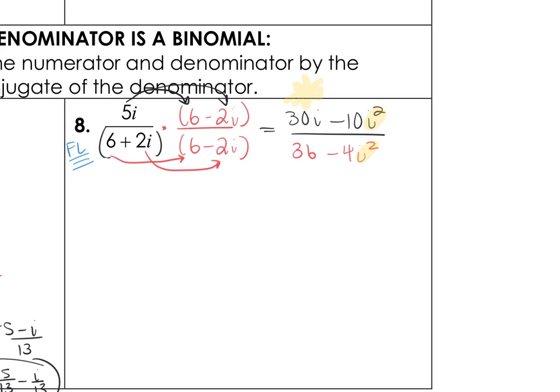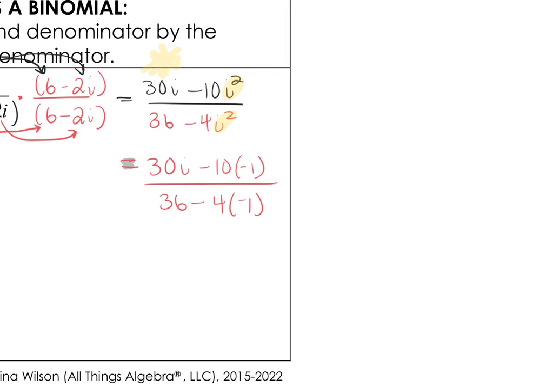So we're going to get 30i, here we go, 30i minus 10 times negative 1, all over 36 minus 4 times negative 1. Negative 10 times negative 1 is positive 10. Negative 4 times negative 1 is positive 4.